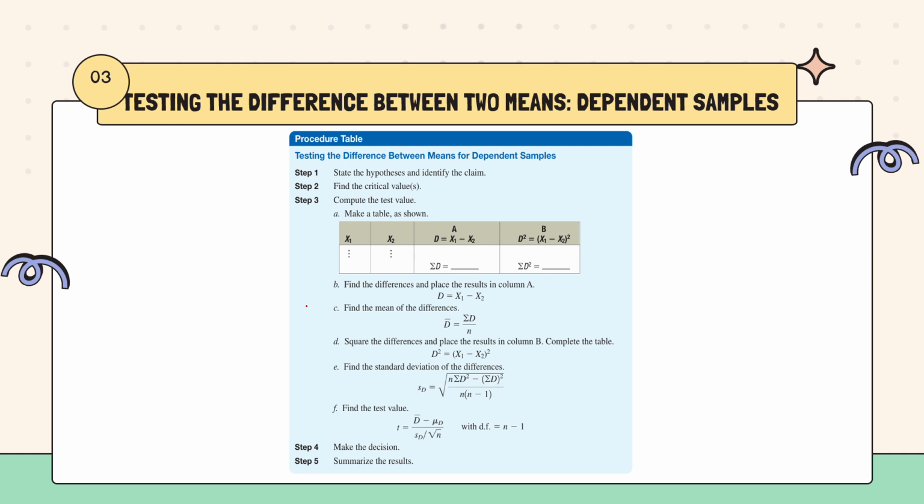Find the standard deviation based on the formula, then find the test value. The test value is equal to d-bar minus mu d over s_d over the square root of n, with degrees of freedom n minus 1. After that, you have to make a decision and summarize the results.